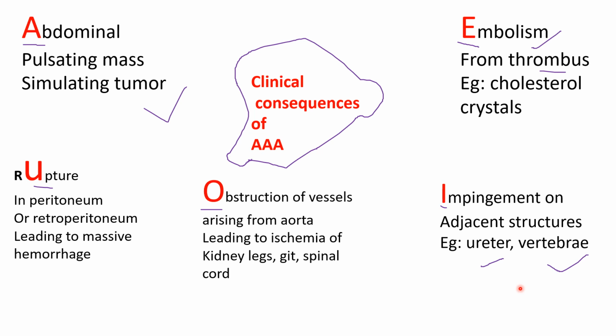When these vessels are obstructed, they can lead to ischemia of the kidney, legs, GIT or the spinal cord. And finally, there can be rupture of the abdominal aortic aneurysm, and that can lead to massive hemorrhage, and it is a medical emergency. This can occur in the peritoneum or the retroperitoneum. So these are the clinical consequences of abdominal aortic aneurysm.